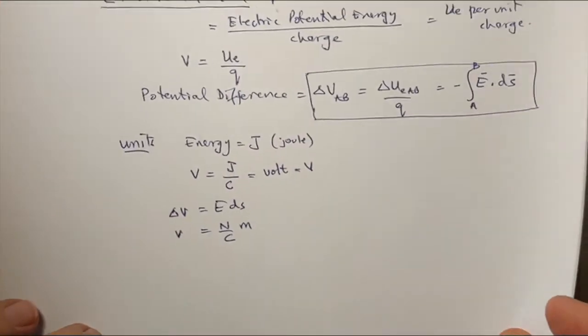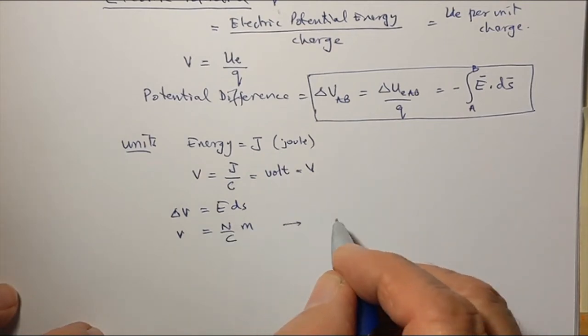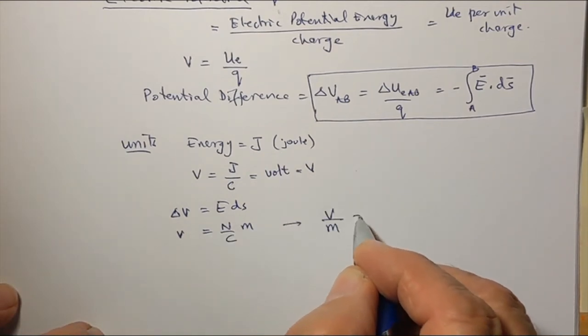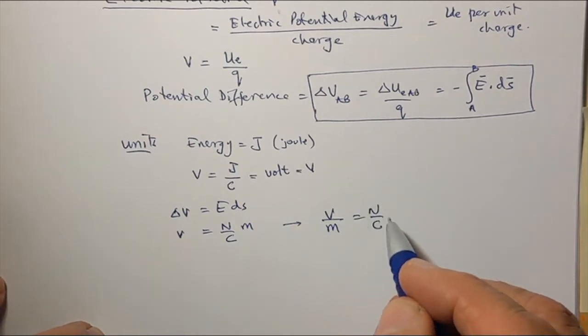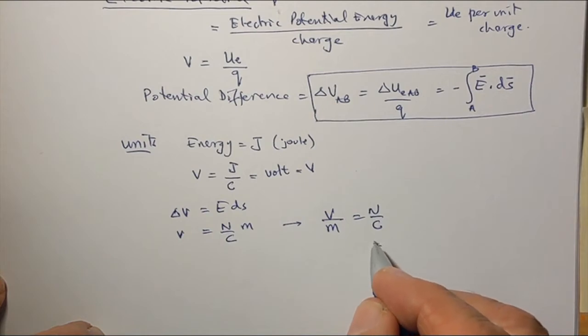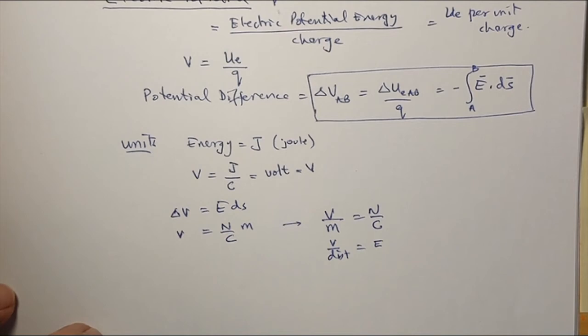So the newton meter would become the joule per coulomb, but we can also write this as volts per meter is newtons per coulomb. So that's the electric field, and that's an electric potential over a distance. So the electric field is in a way the rate of change of potential with distance.